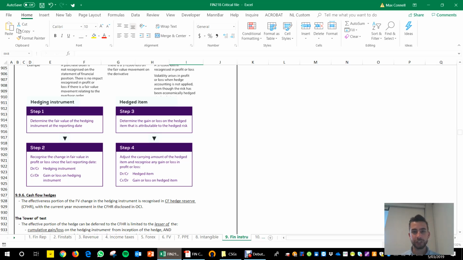reimbursed for. It's a genuine loss, effectively, because you're not getting reimbursed for that. So the journal in that instance, for the hedging instrument, is debit hedging instrument $200,000, credit gain or loss on hedging instrument $200,000, and this actually goes through the P&L.